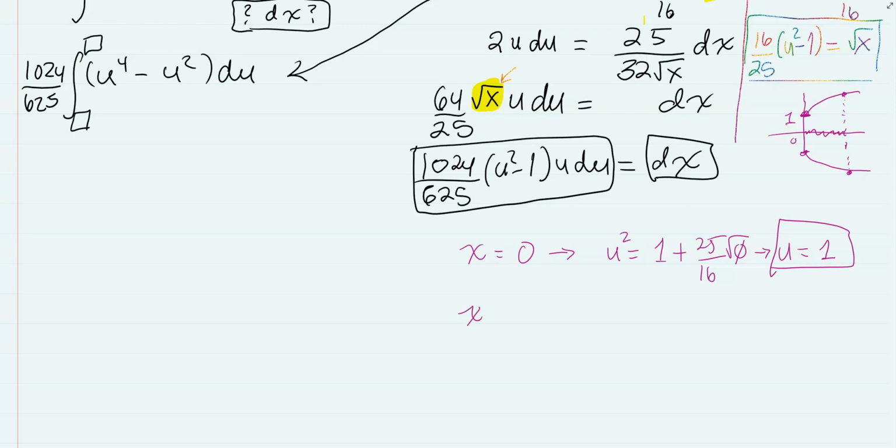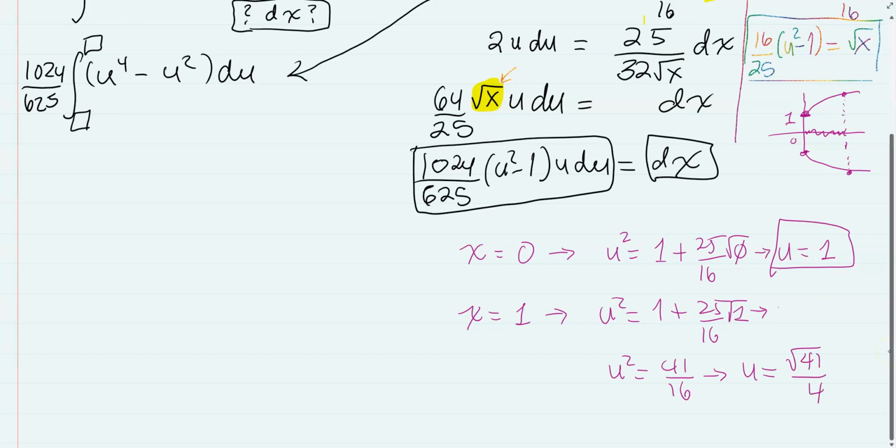And then when x is 1, we have u squared equal to 1 plus 25 over 16 square root of 1. So u squared is going to be 41 over 16. So u is going to be square root of 41 over 4. Plus or minus, but again, I'm just going to deal with the positive part and not worry about the negative, because it's going to yield the same result.